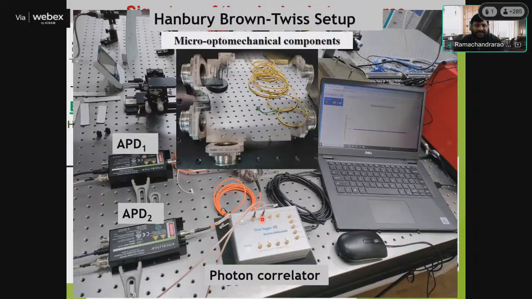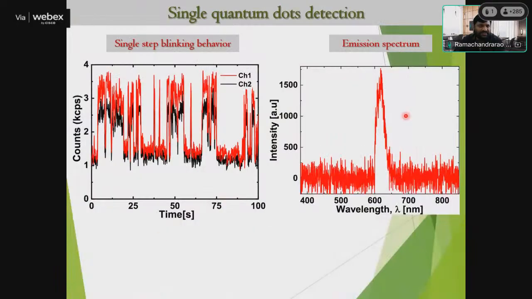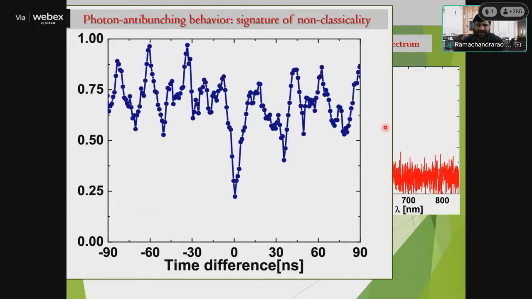First we see this in the photon counter. Then you see a very single step behavior. Therefore, that is a single photon, and the spectrum is very narrow.